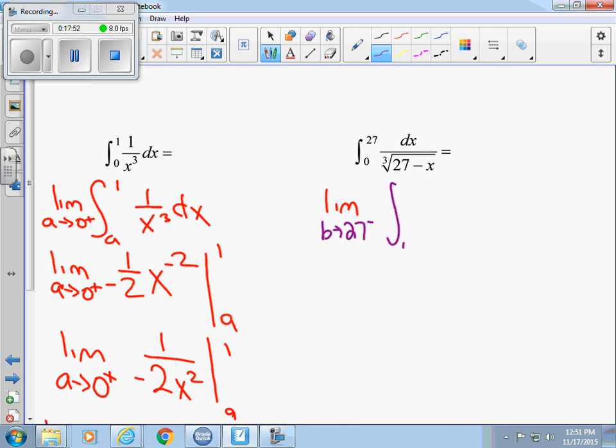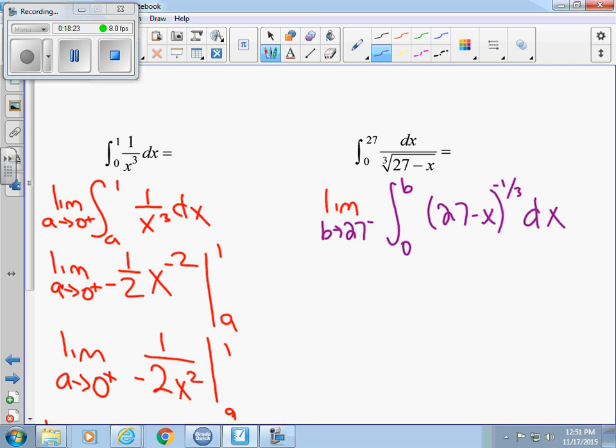The integral from 0 to b, and I am going to go ahead and write this as 27 minus x to the negative 1/3 power to help my brain out. I recommend a u substitution here. I don't require a u substitution, but I recommend one. Why do I recommend it?